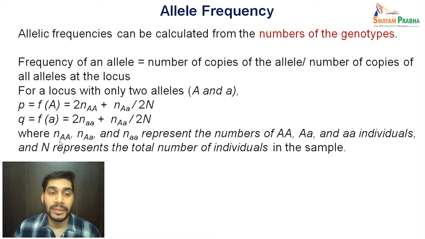Here the number of dominant homozygotes, the number of heterozygotes, and the number of recessive homozygotes are represented.